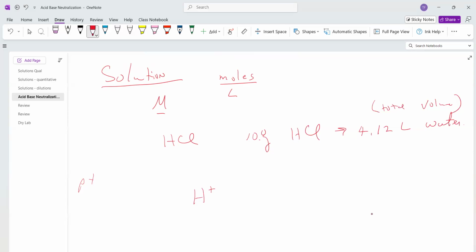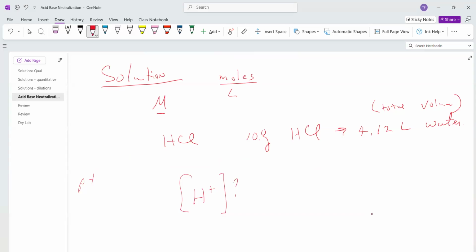Okay. All right. So I'm going to dump in 10 grams of HCl. So, by the way, a shorthand way of writing concentration is square brackets. So that would be the concentration of H plus. Okay, well, concentration is moles per liter. We've got grams, so we've got to convert the 10 grams of HCl to moles of HCl.